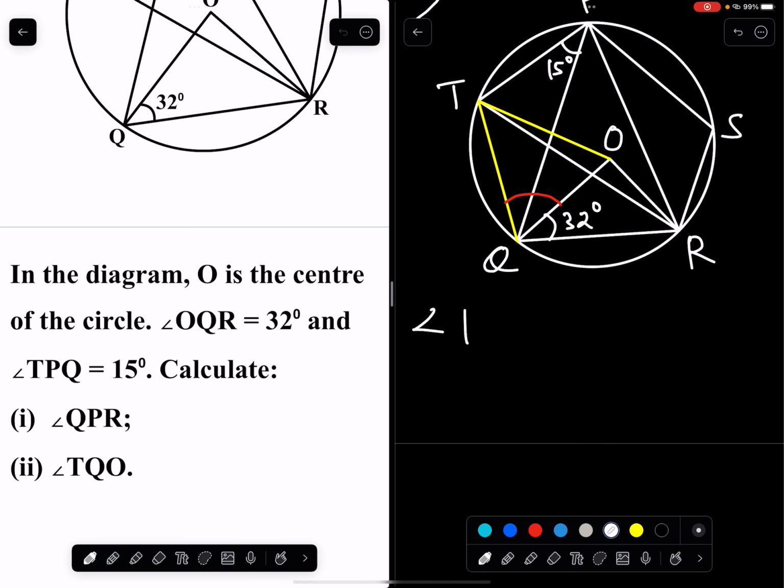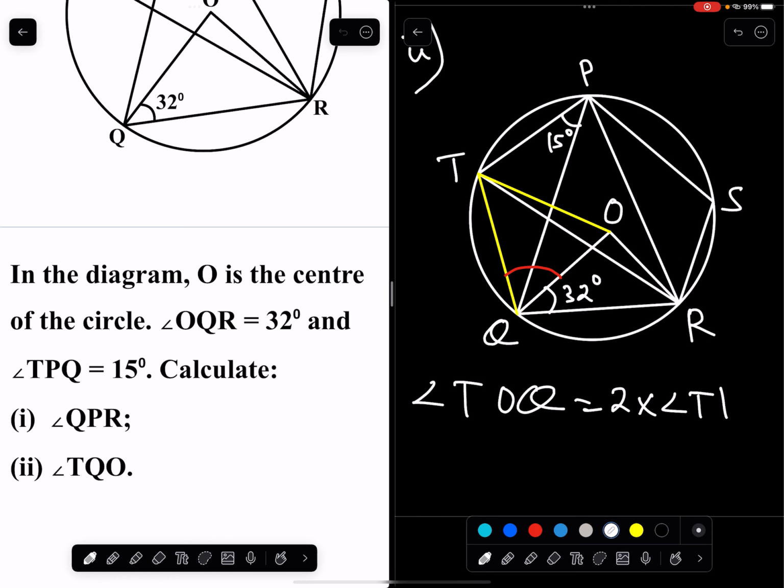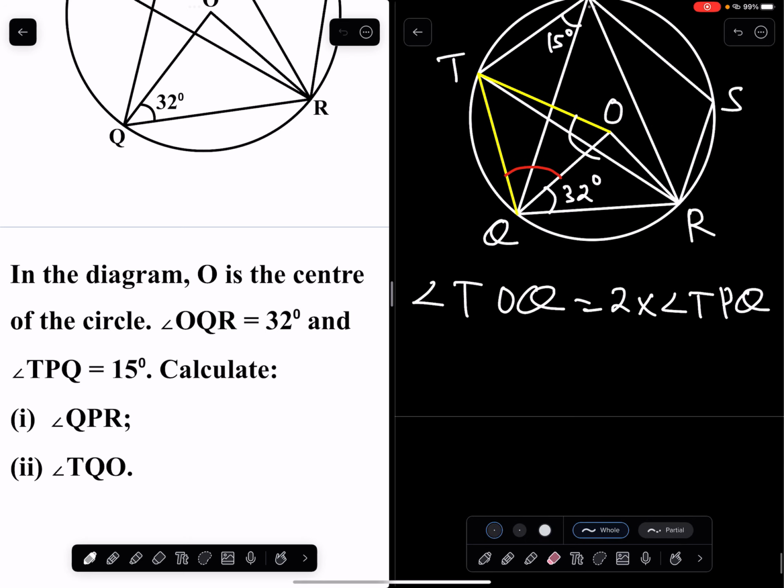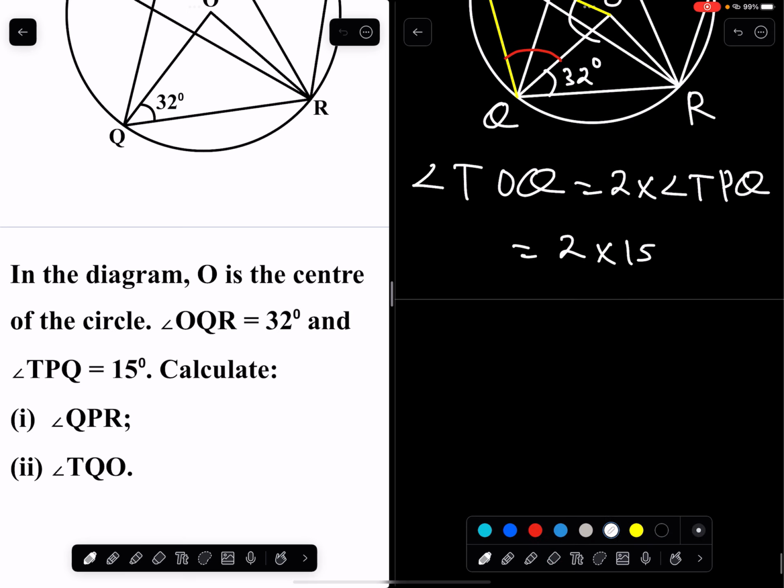Angle TOQ, which is this angle, is twice angle TPQ, which is this angle. So angle TOQ equals 2 times 15 degrees, and that's equal to 30 degrees.